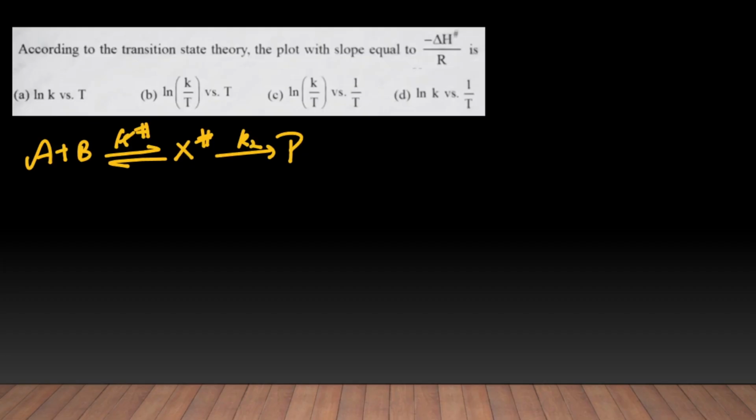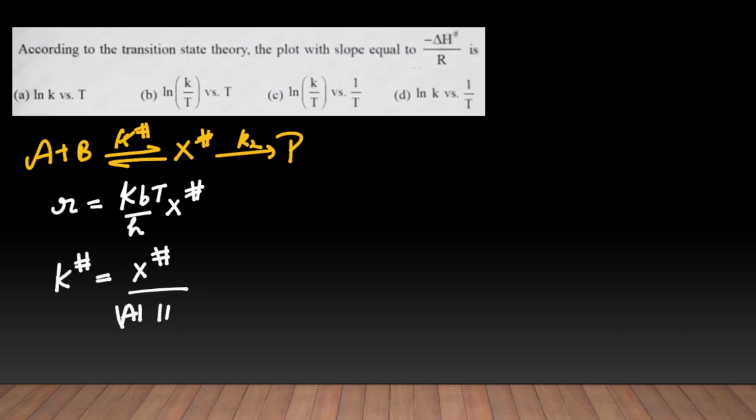So according to the TST, this equilibrium is present between the reactant terms and the transition state, right? So for this, the rate expression that we write is equal to kBT by h into this X dash concentration. Now to find this X dash concentration, the equilibrium constant you can write as the product concentration upon the reactants involved.